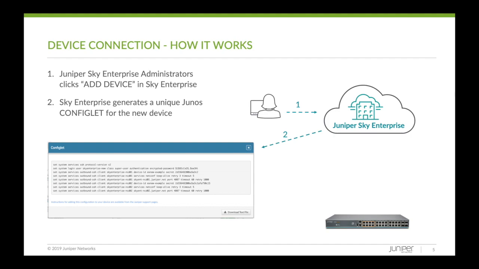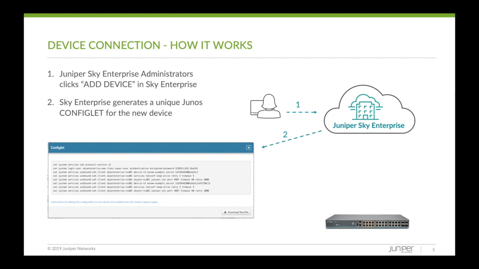So I want to start off with how devices actually connect to Sky Enterprise and remain connected. So I've got this scenario here where we have an administrator, and that administrator is logged into Sky Enterprise.